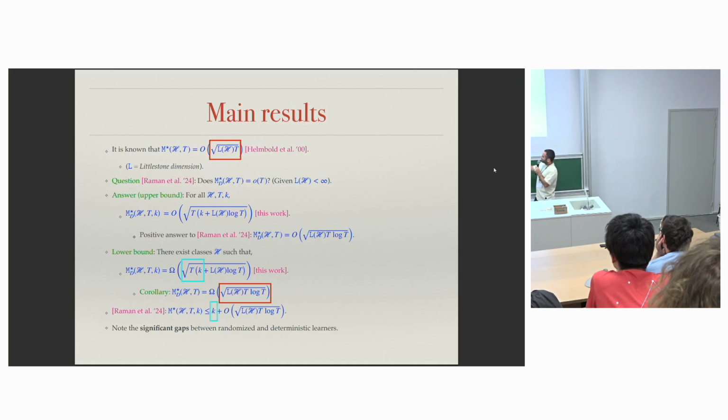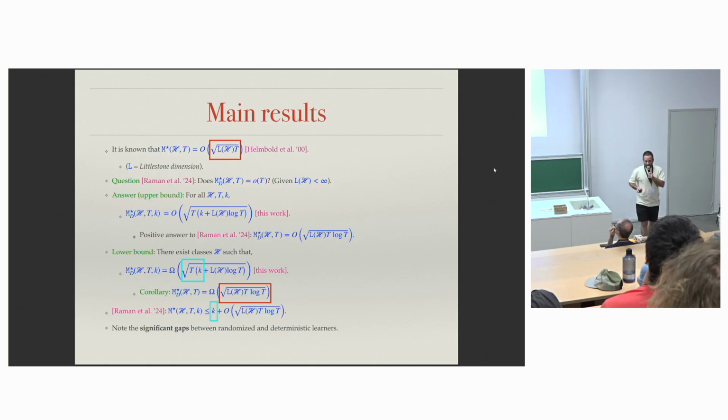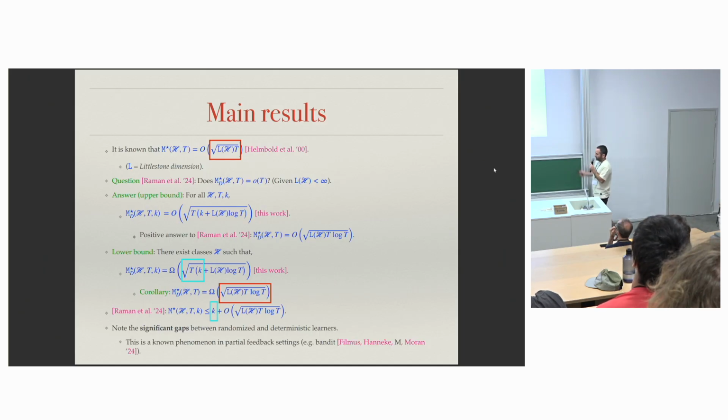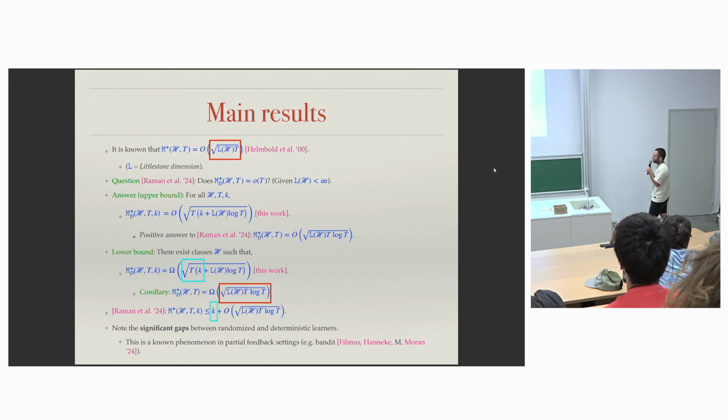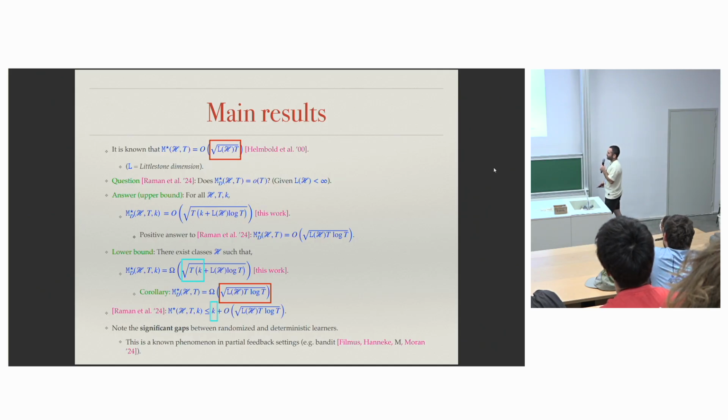We have a deterministic lower bound of square root TK, and a randomized upper bound of only K plus square root T as two different summands, which can be really large for a lot of K values. I also want to note that this gap between randomized and deterministic mistake bounds is actually a known phenomenon in partial feedback settings. For example, we have a paper last year showing that this happens also in the bandit feedback setting.